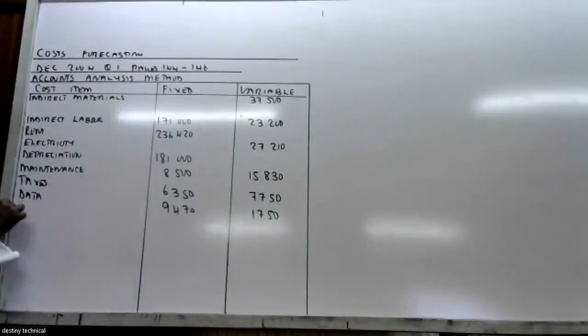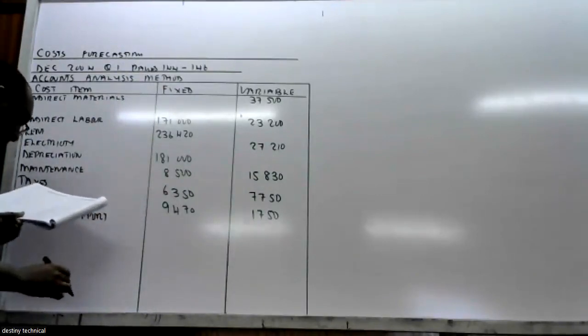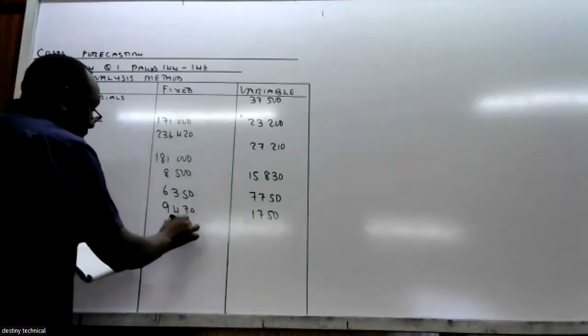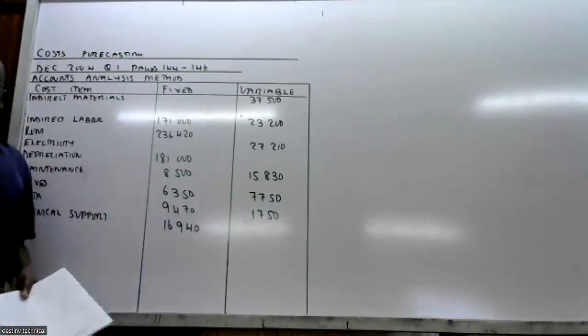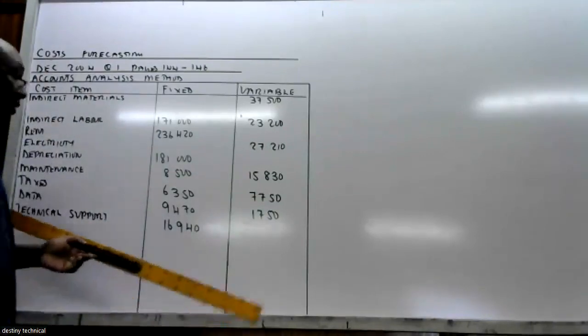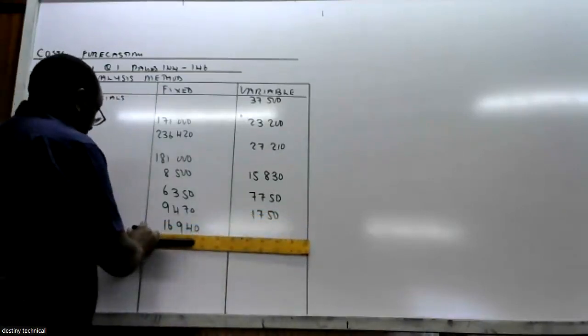Then we have technical support. The whole of it is fixed, 16,940. So I hope you're able to follow that. Yes. Good. Because the typesetting is like it was not done well.